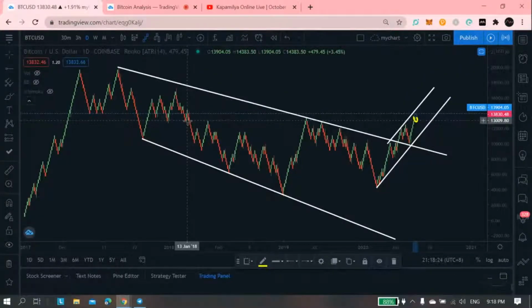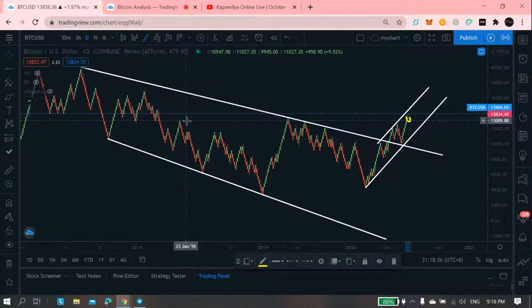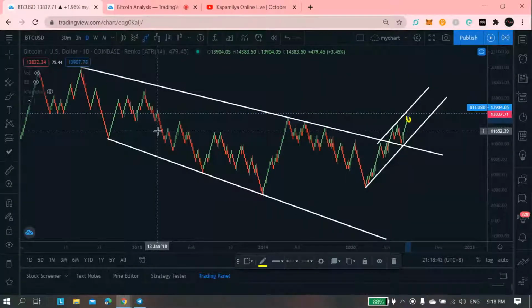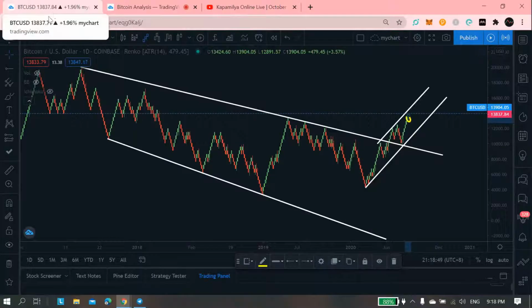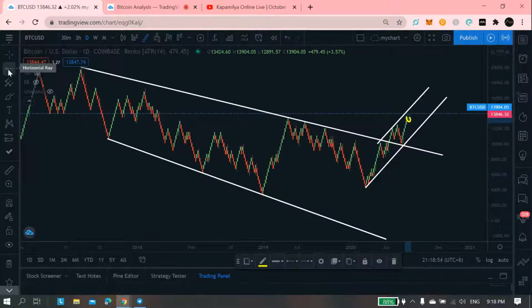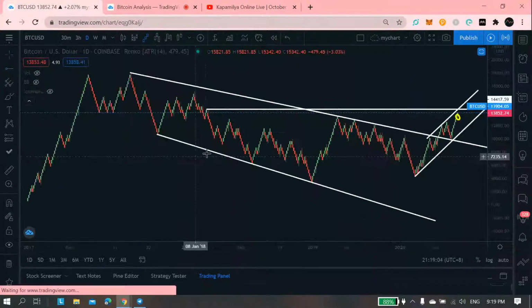You can use the open or the low, because this is just two numbers, open and low are equal. The next resistance I'm looking at is 14,383.5, and now currently at 13,841. So my current long position got stabilized.